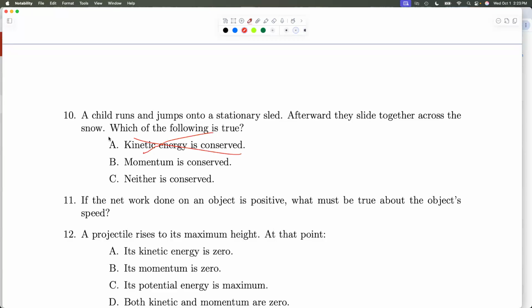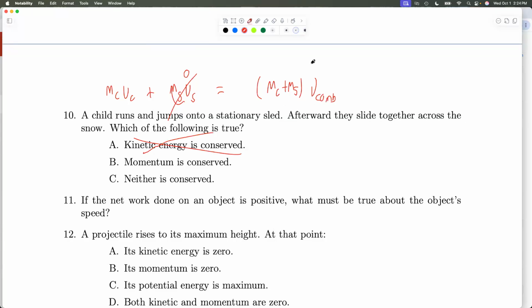So we've got m_child v_child plus m_sled v_sled, which is zero, must be, now they're sticking together, (m_child plus m_sled) times v_combined. This is all zero.